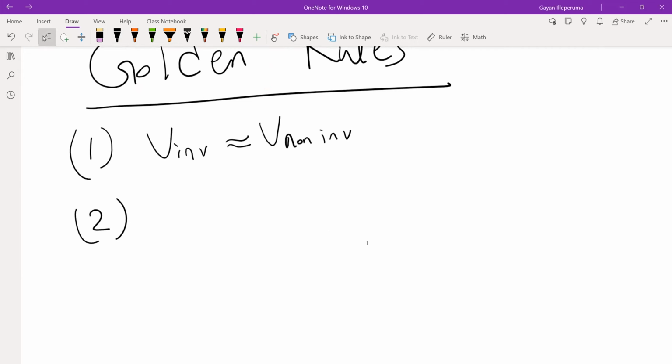Doesn't matter, the order is not that important, but usually it's the other way around. So what's the remaining one? No current drawn by the input terminals. Yes. The current flowing into the input is 0. Whether it is inverting or non-inverting, current will almost be 0.